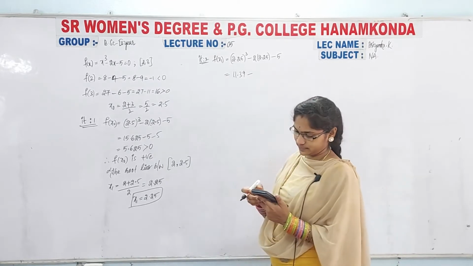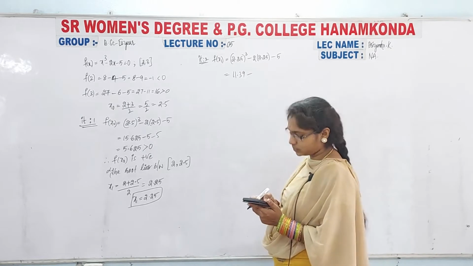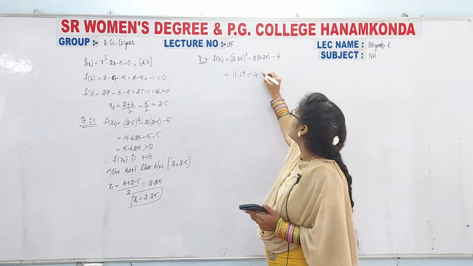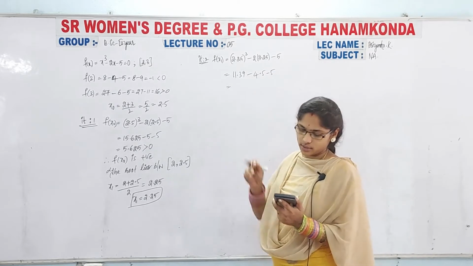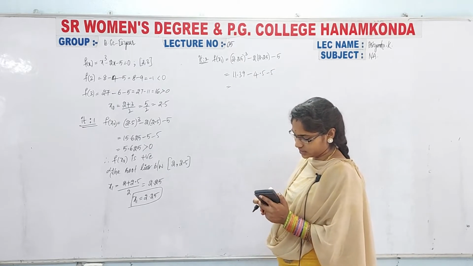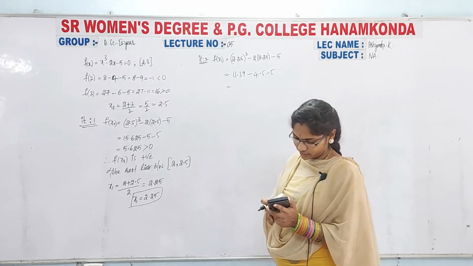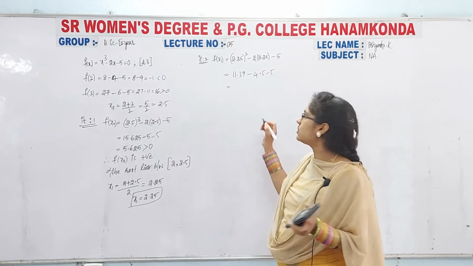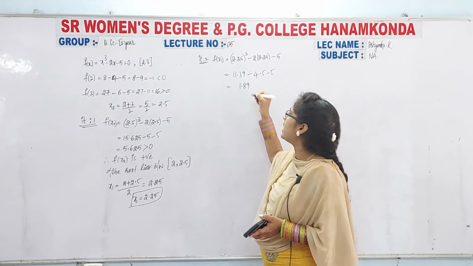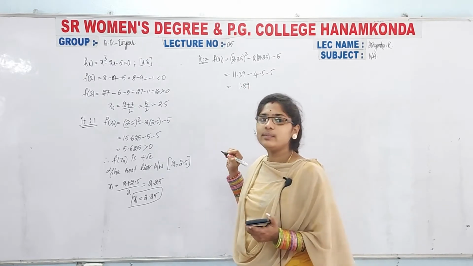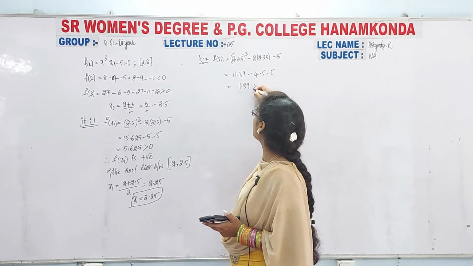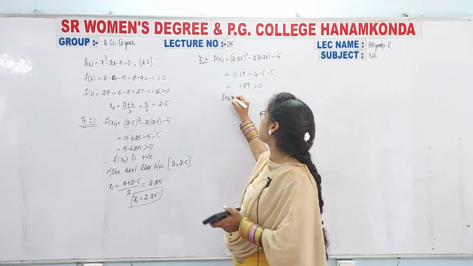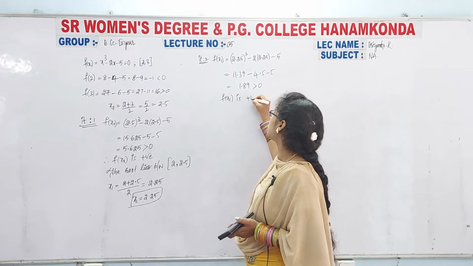Now minus, 2 into 2.25, then what we get? 4.5 minus 5. So now the value 11.39 minus 4.5 minus 5, directly in the calculator. Now it is nothing but 1.89. So 1.89 is positive or negative? Again it is a positive value. So therefore f of x1 is positive.